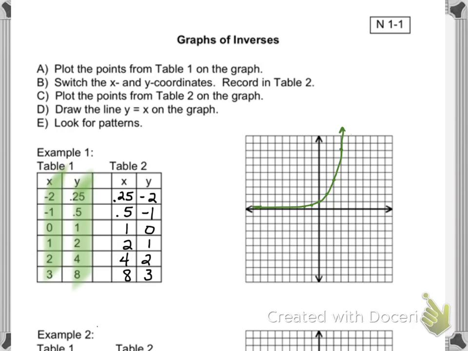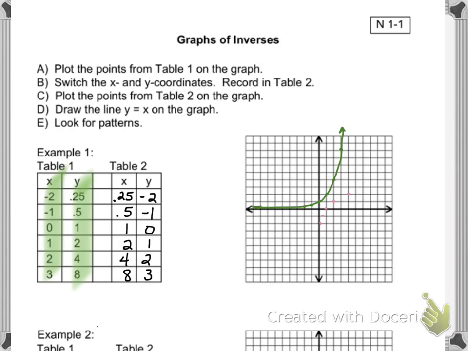Okay, so we have at 0.25 we're going to go down 2, right there. 0.5 down negative 1. At 1 we're at 0. 2, 1. Okay. 4, 2.